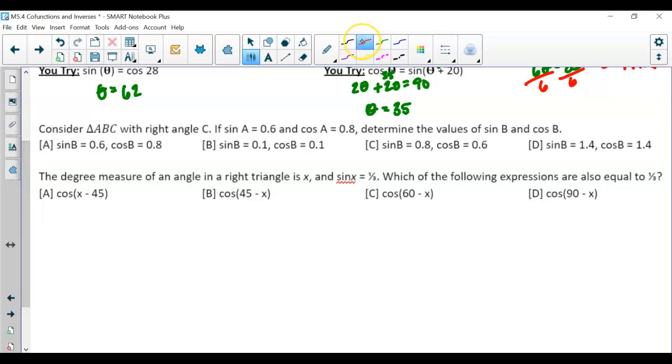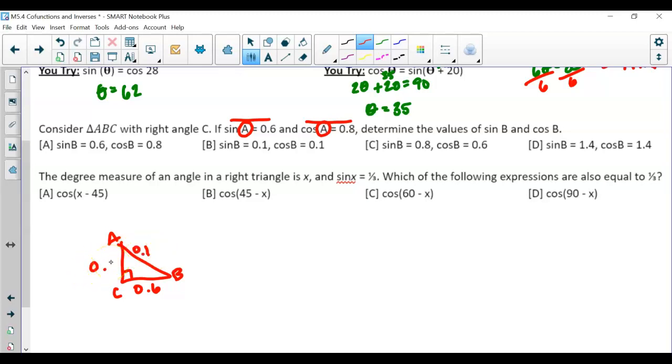And here we go. So sine of A is 0.6 and cosine of A is 0.8. So notice how we're talking about the same angle here. If you wanted to see this visually for the explanation, let's say this is A, B, and C. We're saying that sine of A is 0.6, and here we'd have 1, and 0.8.